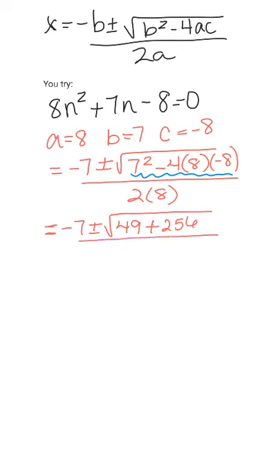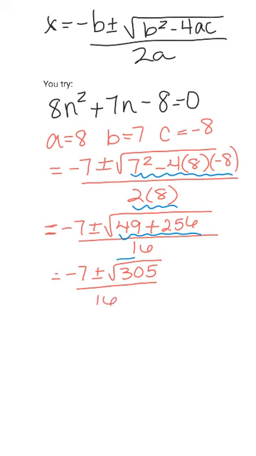And then 2 times 8 here at the bottom would give me 16. So underneath the square root, if you showed this step, you would need to add that. So we'd have negative 7 plus or minus the square root of 305, all over 16.